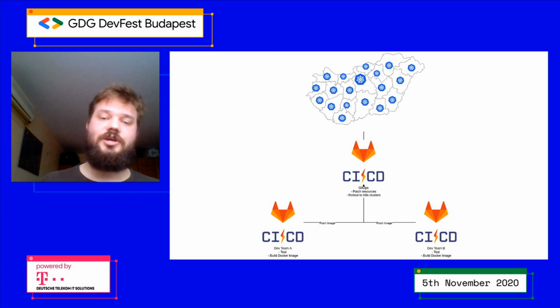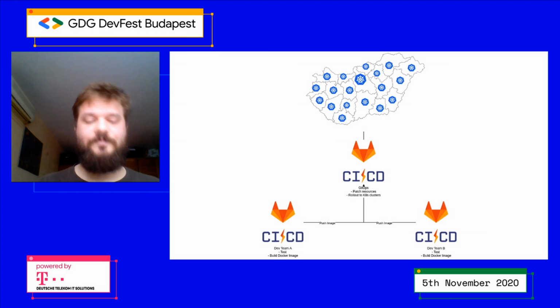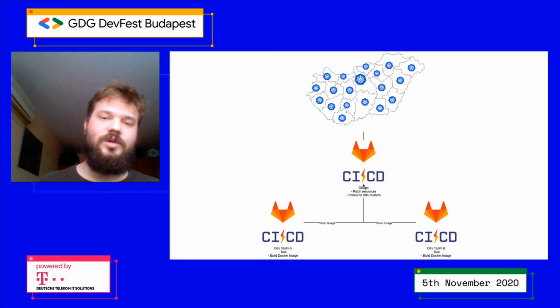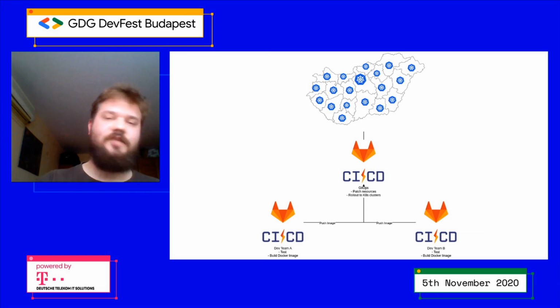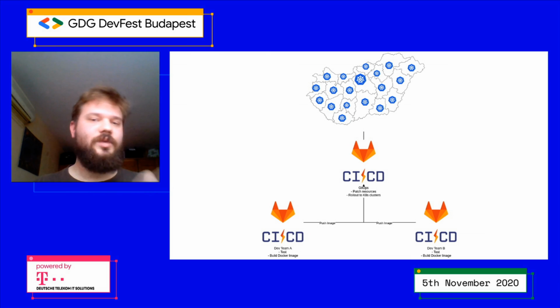And upon pushing an image, we just render the Kubernetes objects from these and roll those out to their respective cluster. And the idea was that we're going to use counties, provinces, voivodeships, or states as a way of logical separation. So within a country, each state or voivodeship or county would have its own cluster.